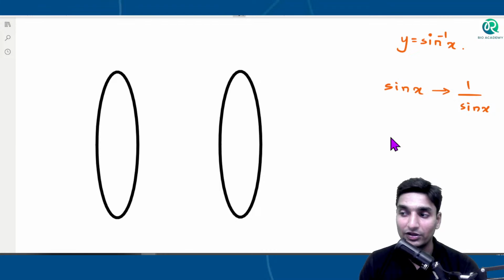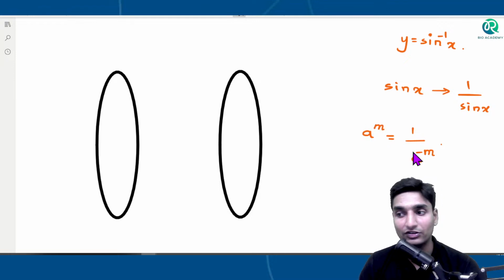See, in case of indices, we usually used to write one value here. If a raised to m is an index, then a raised to m will also be equal to 1 upon a to the power of negative m. Correct? On the basis of exponents, the positive sign of this particular power or exponent just changes itself. If it is positive, and if you take out the reciprocal, it will be negative.